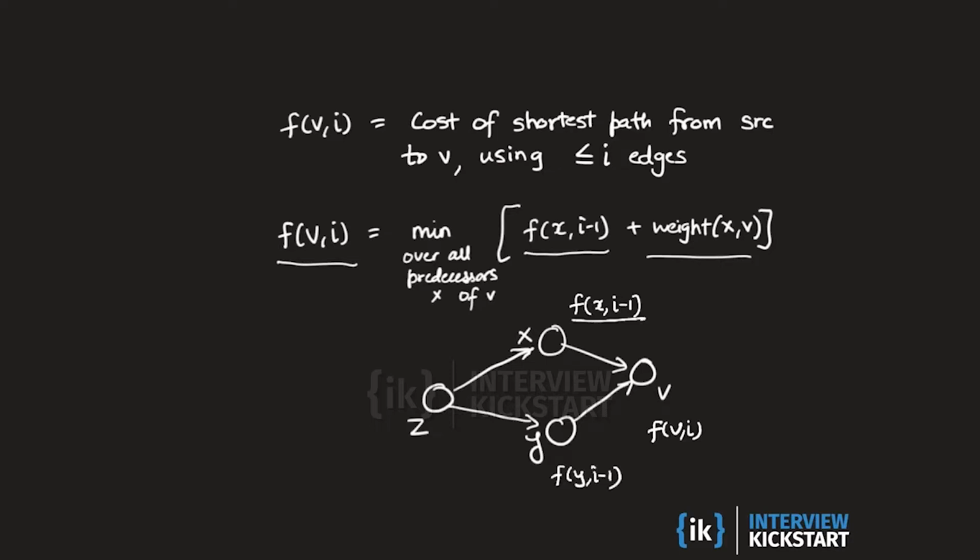But how do we get the values of these? To get the value of f of x comma I minus 1, we would need the value of f of z comma I minus 2, and likewise to get the value of f of y comma I minus 1, we would need the value of f of z comma I minus 2. And of course there could be many other vertices in this graph. I'm just showing a simple example here.